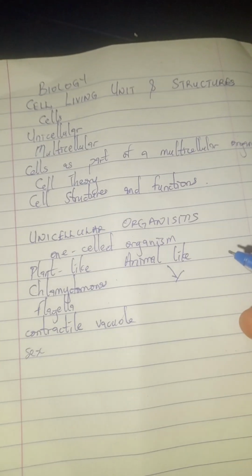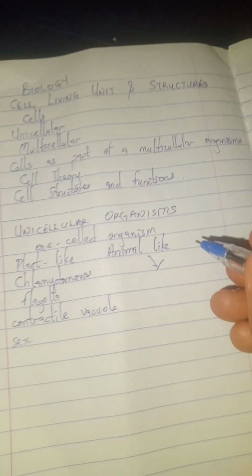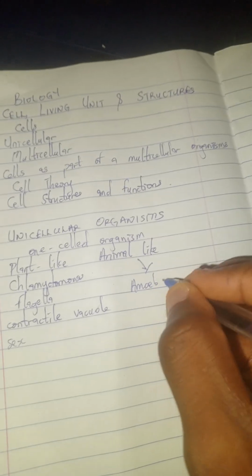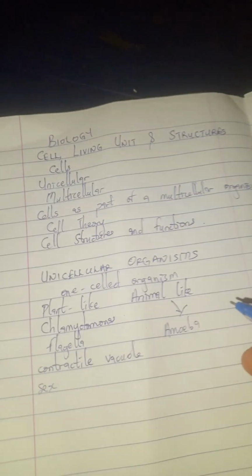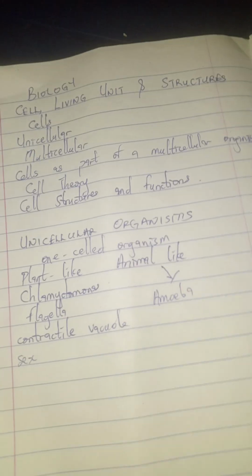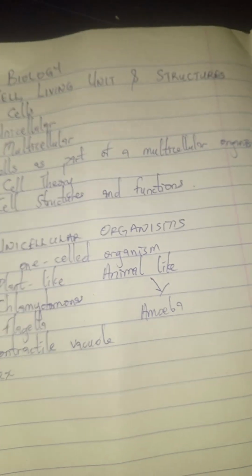For these animal-like unicellular organisms, we first of all look at the amoeba. The amoeba is the simplest unicellular organism that is a heterotroph. That means it cannot synthesize its own food.